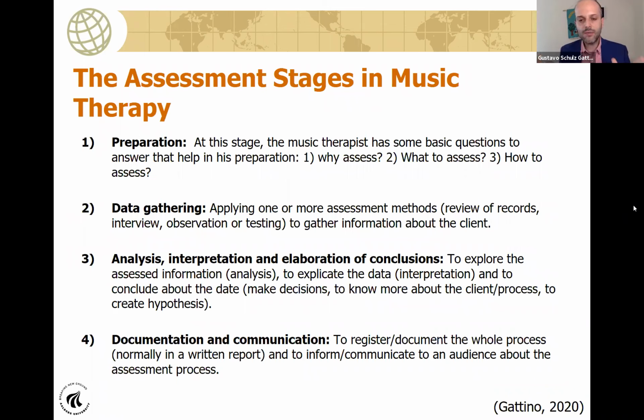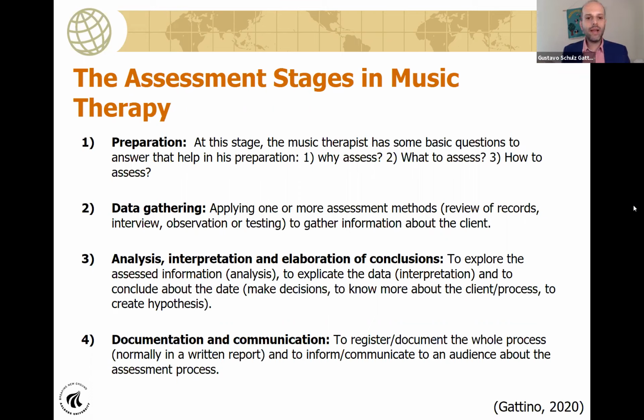So the first thing that we do when we start the music therapy assessment process is about preparation. At this stage, the music therapist has some basic questions to answer that help in his or her preparation. Why assess? What to assess? And how to assess? So normally we define in this specific stage what are the demands or the needs for assessment?